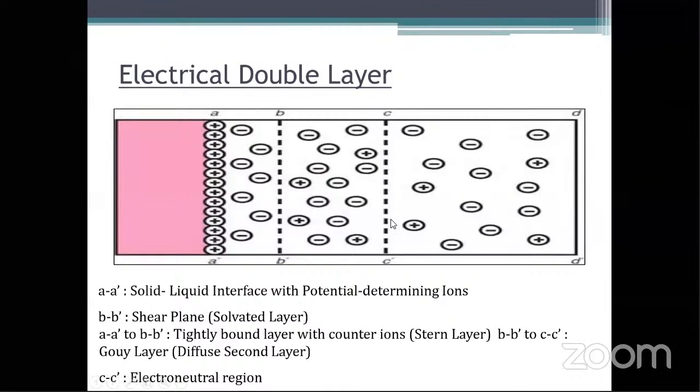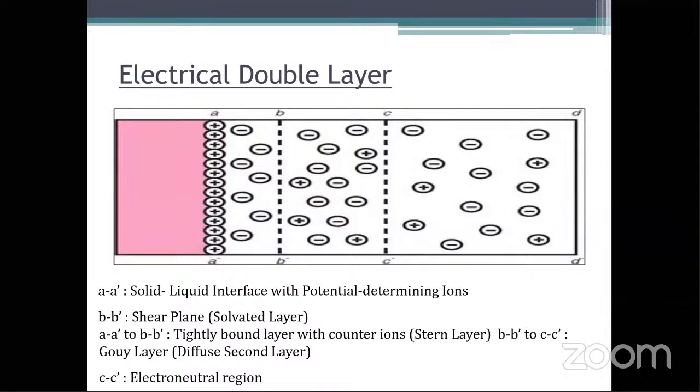However, CC dash still maintains electrical neutrality, as I mentioned earlier, because the distribution of cations and anions is the same in the region CC dash to DD dash.